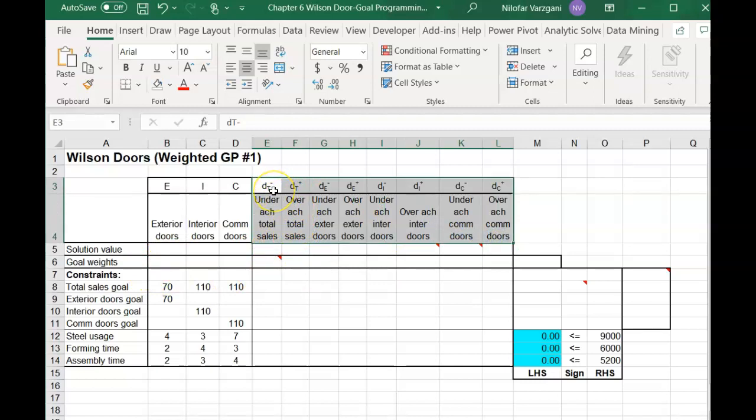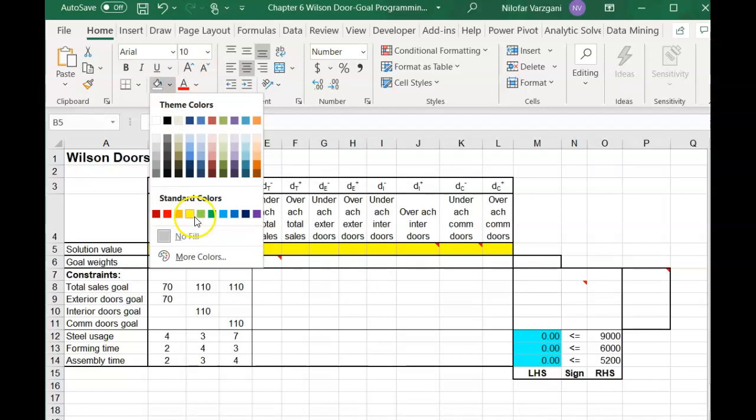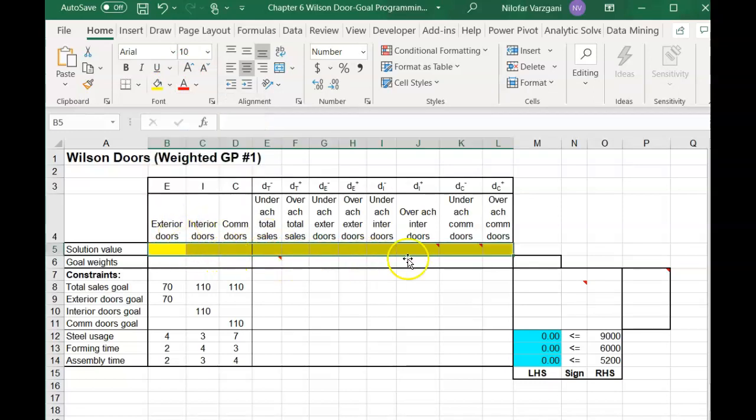These deviation variables, as defined earlier, are the negative and positive deviations for each of the 4 goals that we have. So now for our GP problem, the decision variables would be this row, which I'm highlighting right now, just so that I can remember that these are the decision variables that are going to go into my Solver window. Notice that in the regular LP problem, you only had 3 decision variables. Now we have 3 plus 8, 11 decision variables in total that are going to go in the Solver window.